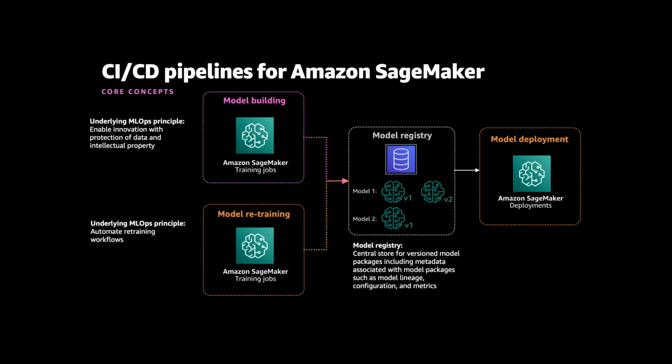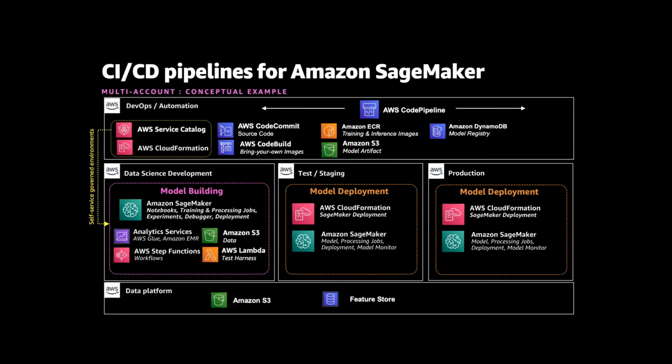You can think of it as a central repository where we control model versioning, where you have the option to do model lineage, and also approve models to move from a development stage into production until they can finally be deployed. So these are the things that you need to be considering.